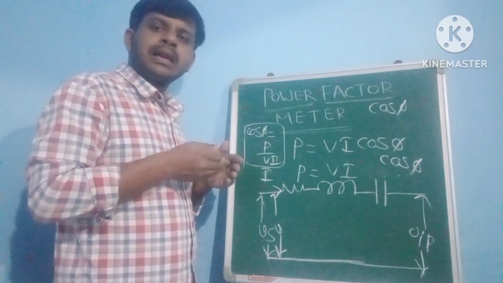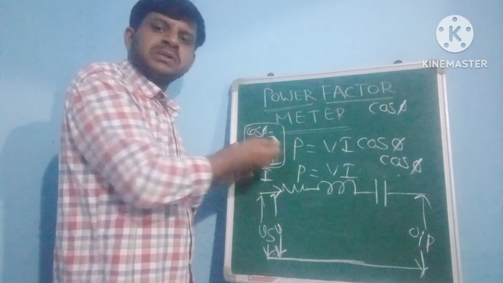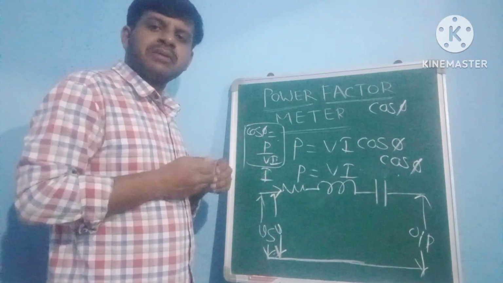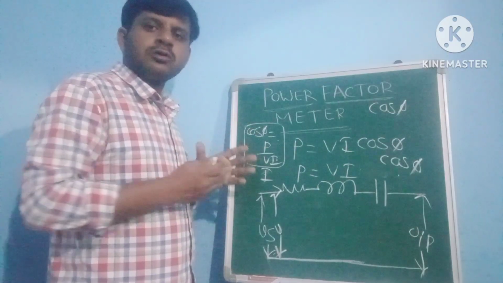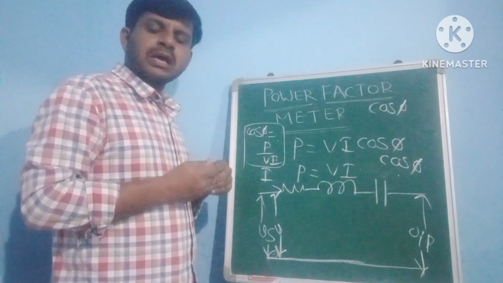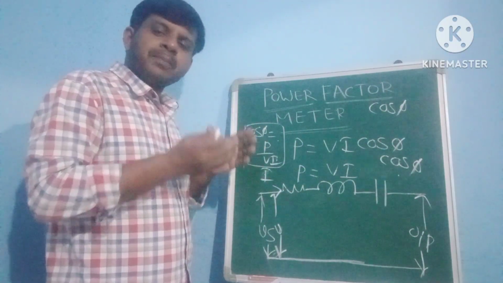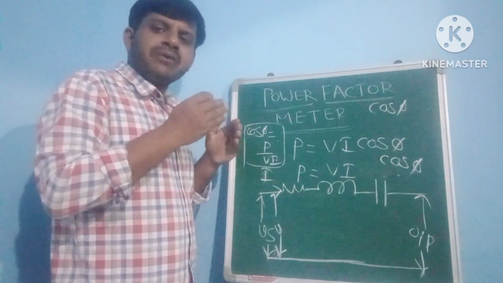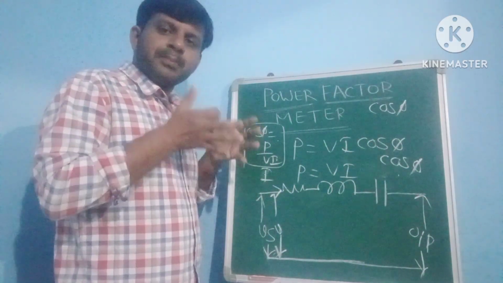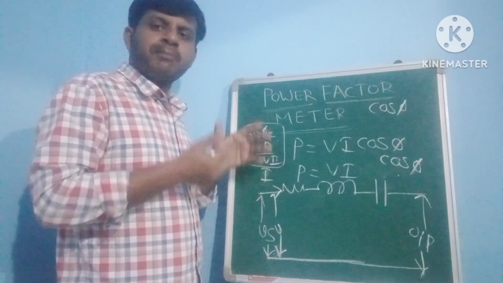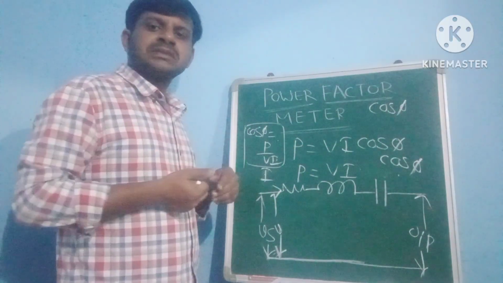Every time we have to calculate the power factor in the transmission line as the load changes gradually. If instead of a dynamometer type wattmeter we place a power factor meter, we can directly measure the power factor time to time even as the load changes. That is the main importance of using a power factor meter in a transmission system.